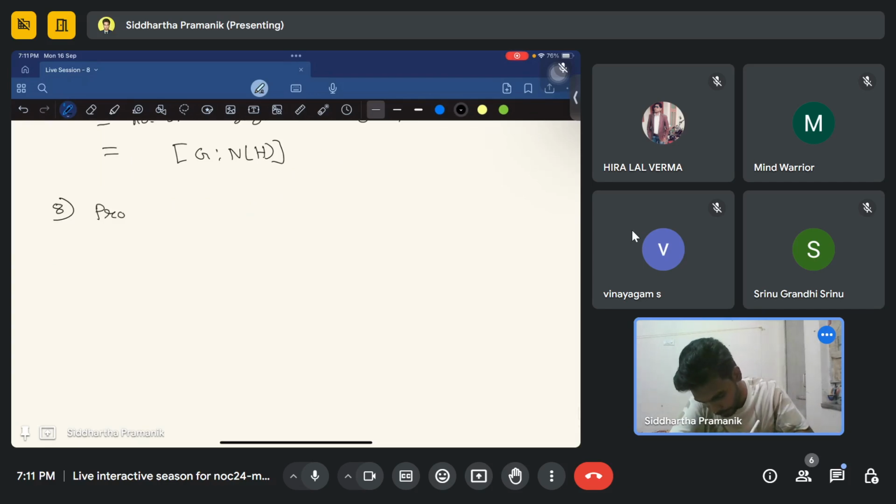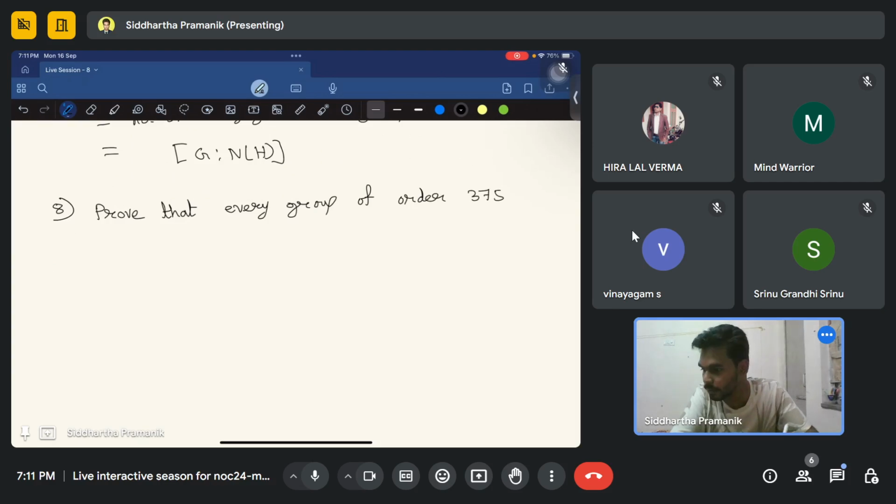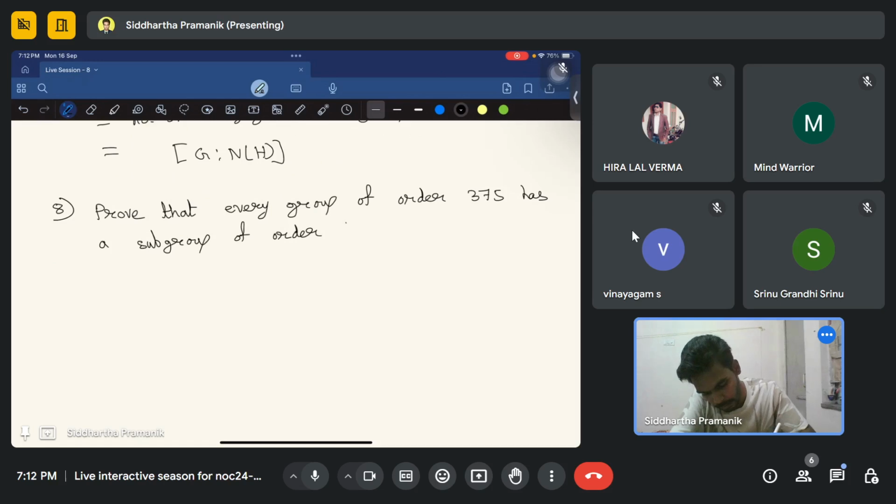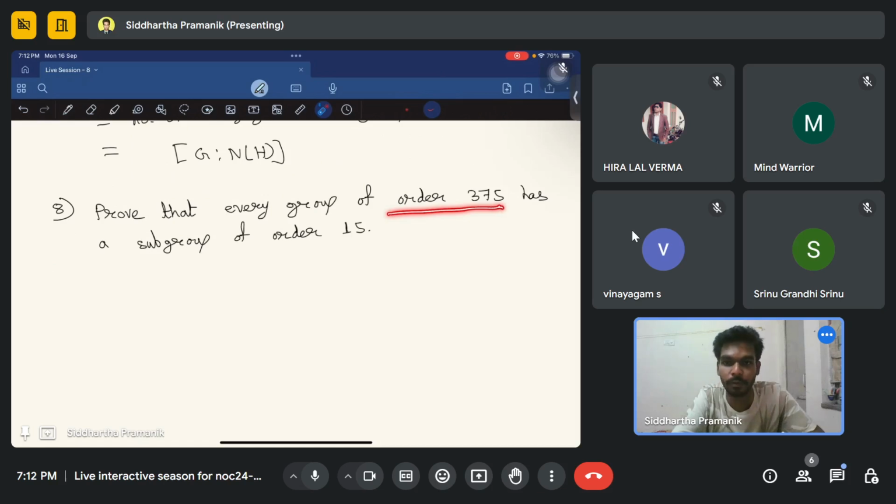Prove that every group of order 375 has a subgroup of order 15. So you take an arbitrary group of order 375, then it always has a subgroup of order 15. So you need to prove it.